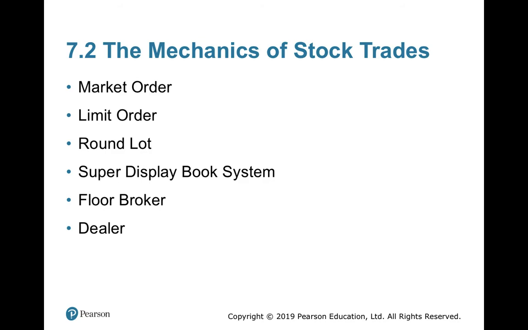Then he will sell the stock. 91 or more than 91, not less than 91, because your friend has given a limit to the dealer. 91 is my threshold price. So the dealer will wait. When selling, it means 91 or more, he will sell. Buying means if you have ordered 87 for buying 100 stocks, he will wait till 87 or less. He will buy for you. That is called a limit order.